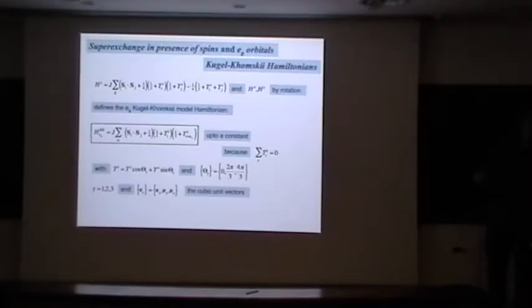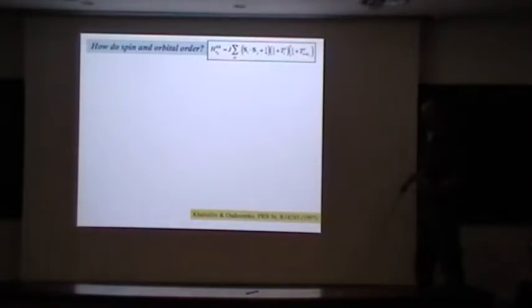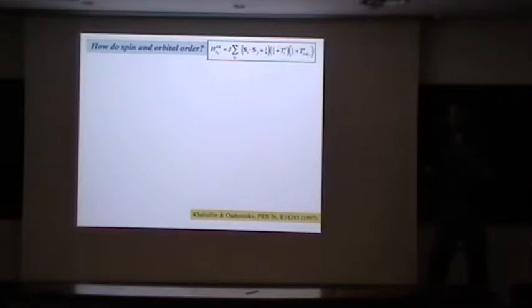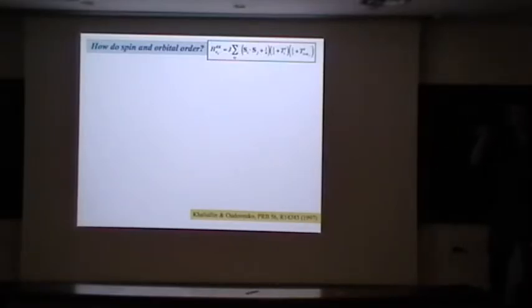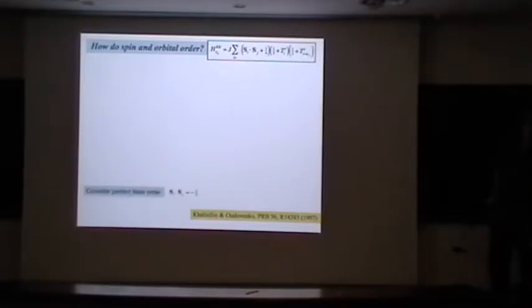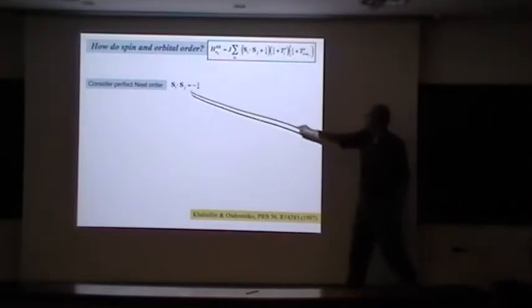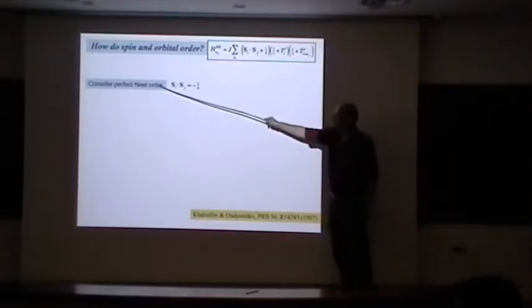Now the question is, how do the spins and orbitals order in this case? My model is SU(2) cross SU(2). A bigger phase space now, a bigger space. So how do these guys order? Well, one observation is that I can look at the Néel state with perfect antiferromagnetic order, no fluctuations.